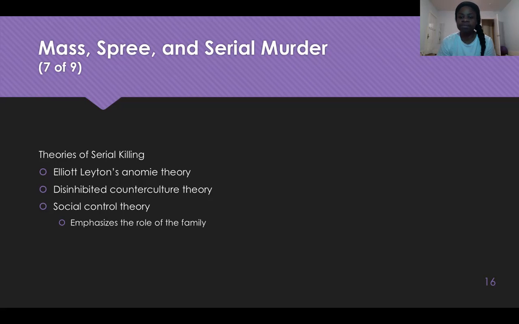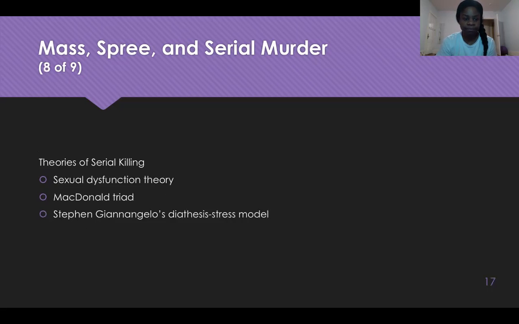So the increasing breakdown of family also provides serial killers with large numbers of rootless potential victims. Sexual dysfunction theory. Extreme sexual dysfunction may result in deeply embedded feelings of worthlessness and powerlessness, the seeds of which may have already been implanted by childhood abuse.